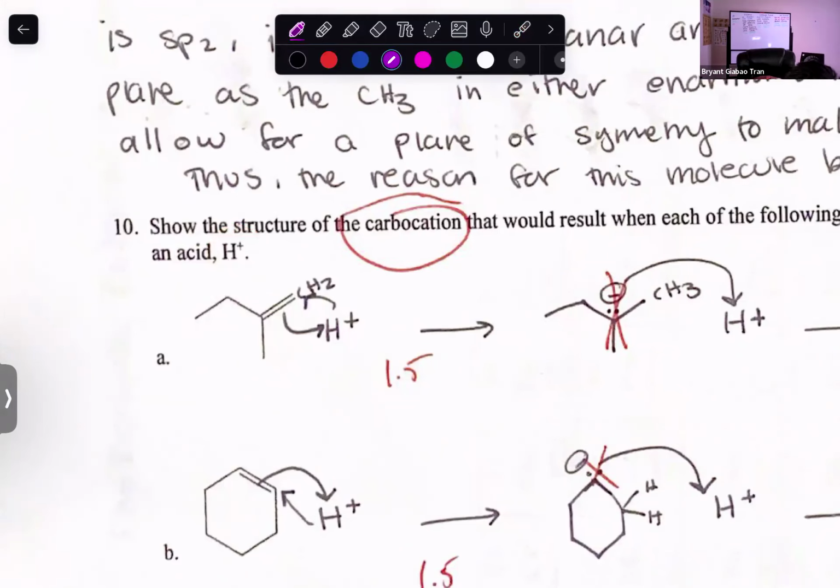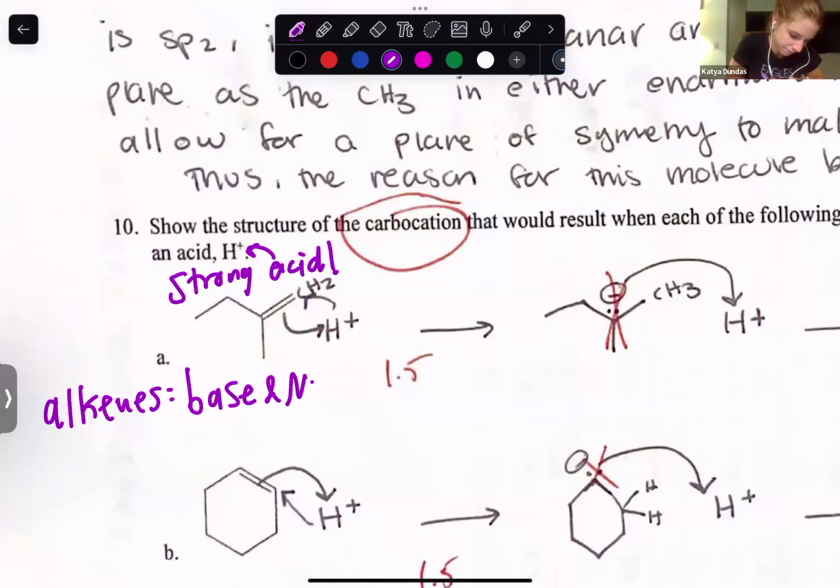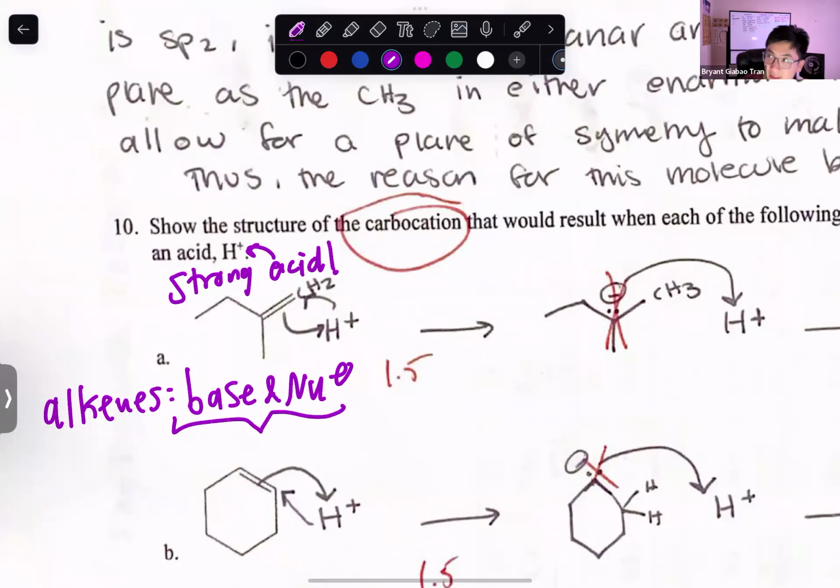Strong acid, right? And if it's a strong acid, it's gonna look for any kind of base to react with. And alkenes, you can think of them as a base and a nucleophile. Because bases and nucleophiles tend to have electrons to attack something, to attack an acid or an electrophile.